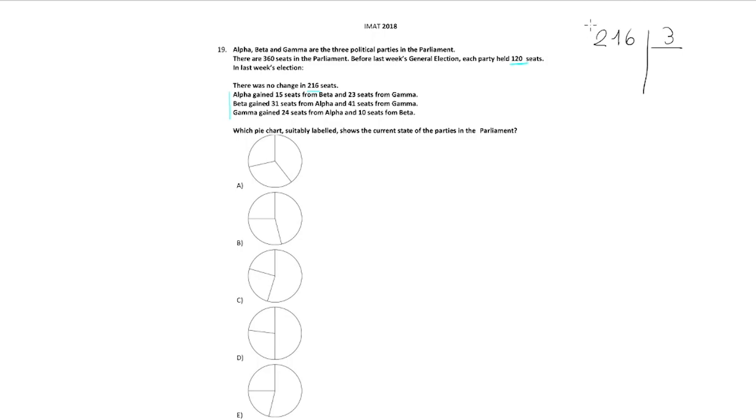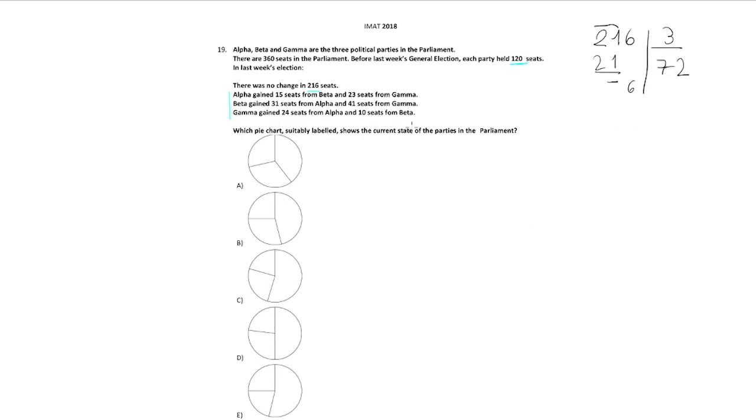So each party maintains this number of seats. So 3 into 21 stays 7 times, so 21. This gives us 6, so we can see that the number of seats that have not changed is 72.